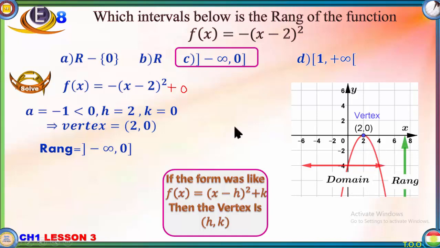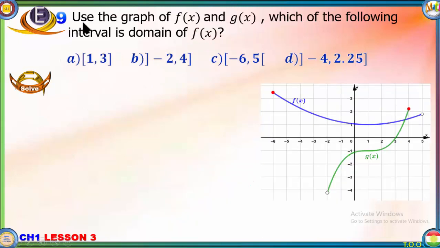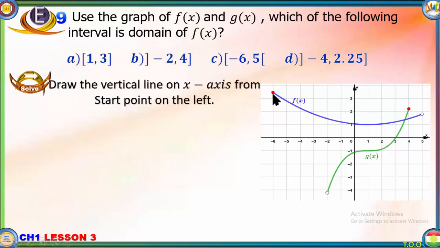As we said before, the domain of all polynomial functions is real numbers. Example number 9. Use the graph of f(x) and g(x). Which of the following intervals is the domain of f(x)? To find the domain of any function, we start from the start point on the left and draw a vertical line to the x-axis and read the value of x.